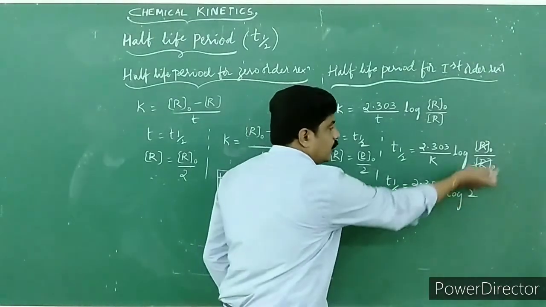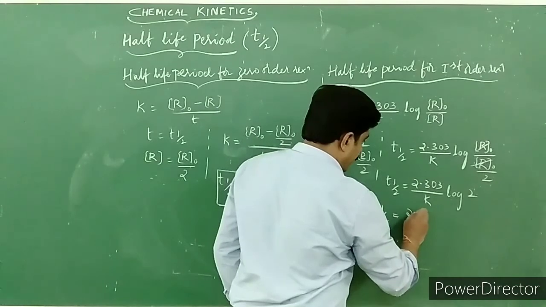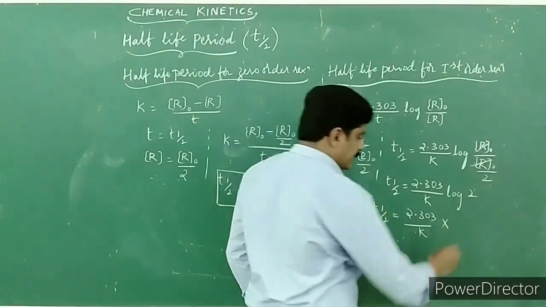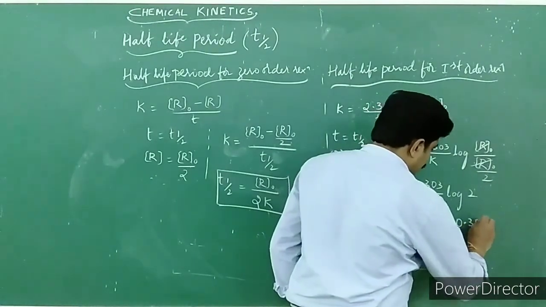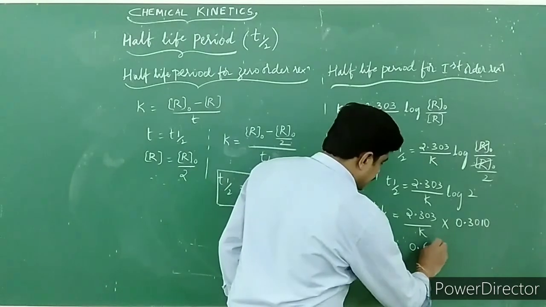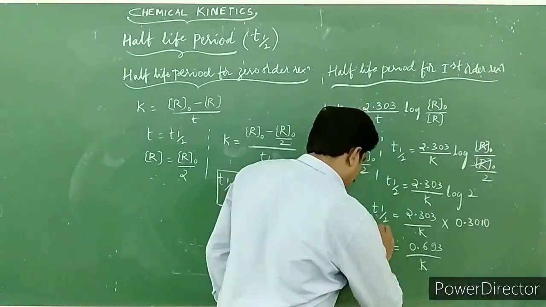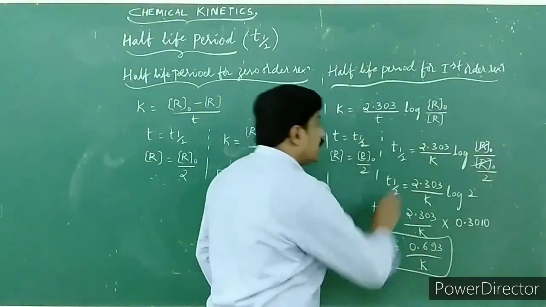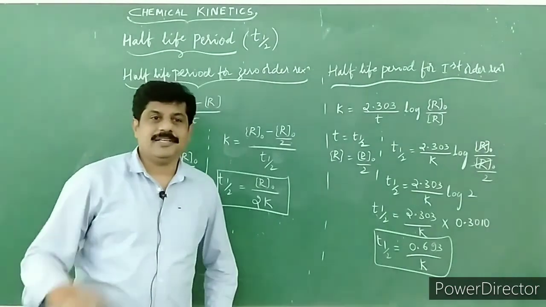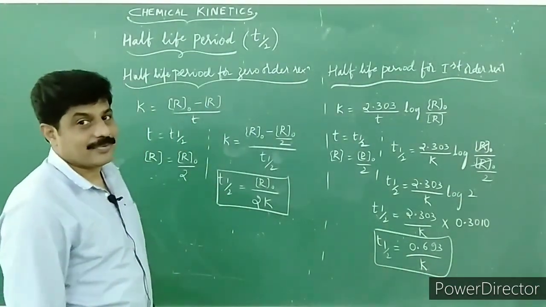Is it not? Now t half is equal to 2.303 upon k into log 2, whose value, children, is 0.3010. So that will be 0.693 upon k. So this will be the half-life period for first order reaction. So children, remember these equations for solving some of the numericals.